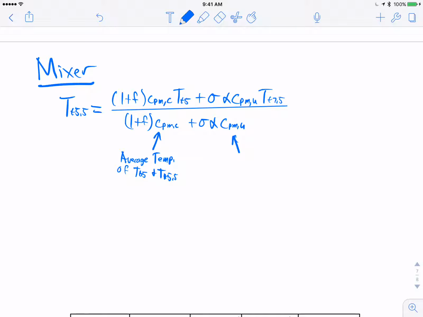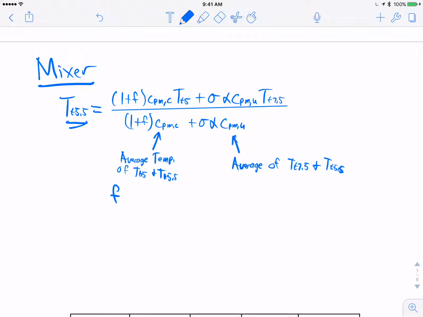And for the bypass, that's going to be the average of TT7.5 and TT5.5. So since both of those properties depend on the number we're actually solving for, that once again means that we will need to iterate to evaluate a couple of our other parameters here.